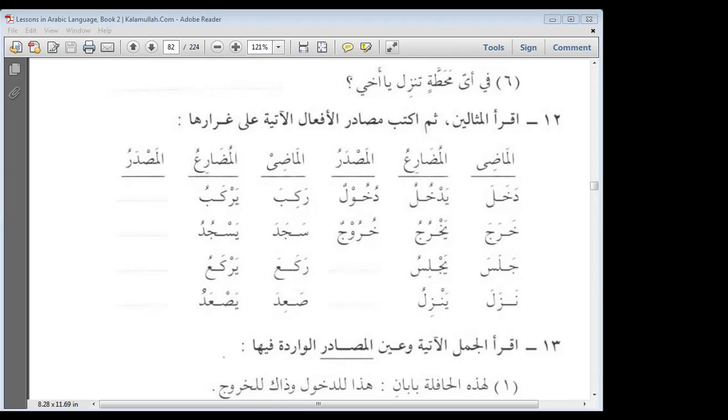What is the masdar? The masdar is a noun that is formed from the verb. It's a noun formed from the verb.